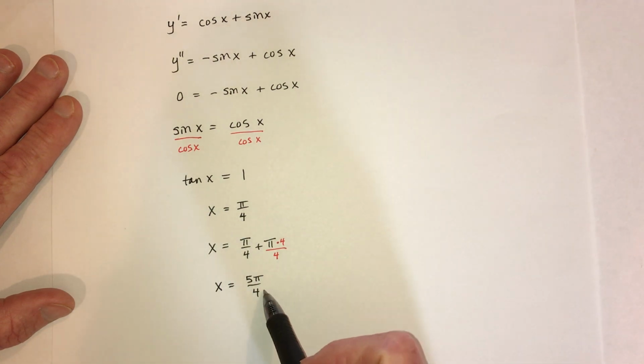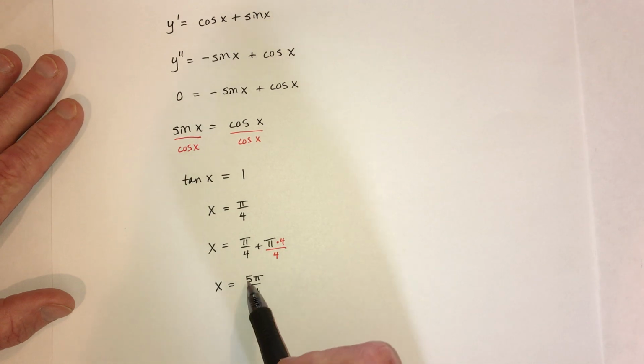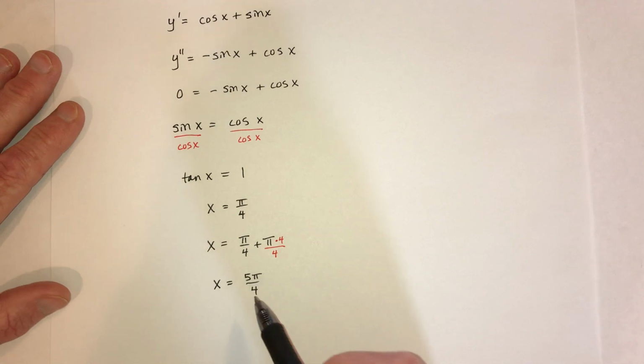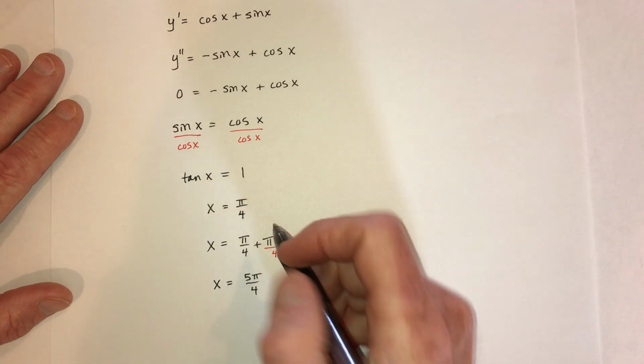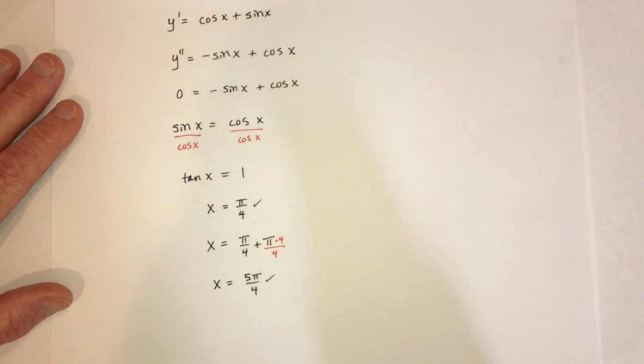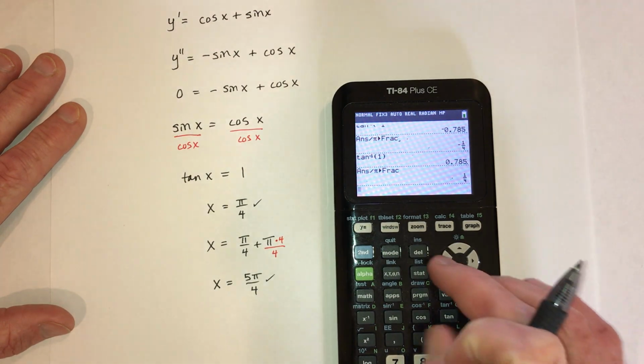So we have two answers. Now if you add on another pi, that means you'd add on another 4, so that would be 9 pi over 4. And the interval stops at 2 pi, 9 pi over 4, that's too much. So we only have these two. So where is it concave up and where is it concave down?